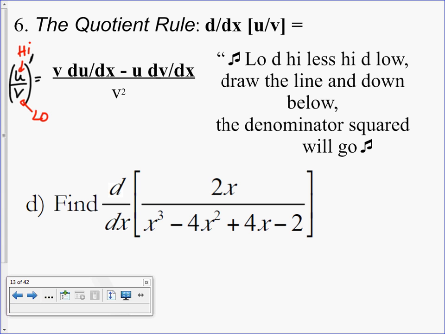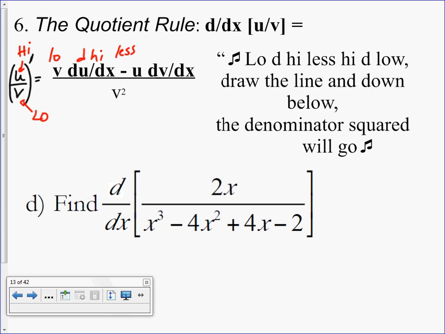This is how we're going to remember that this whole big mess is the derivative. We're going to remember the words low, meaning the denominator. Low, what do you think this d high means? Yeah, derivative of the numerator. So the words are low, that's your v, whatever's down here. D high, du dx, is just the derivative of the numerator. Less, what do you think that's referring to? The minus, right? Less.